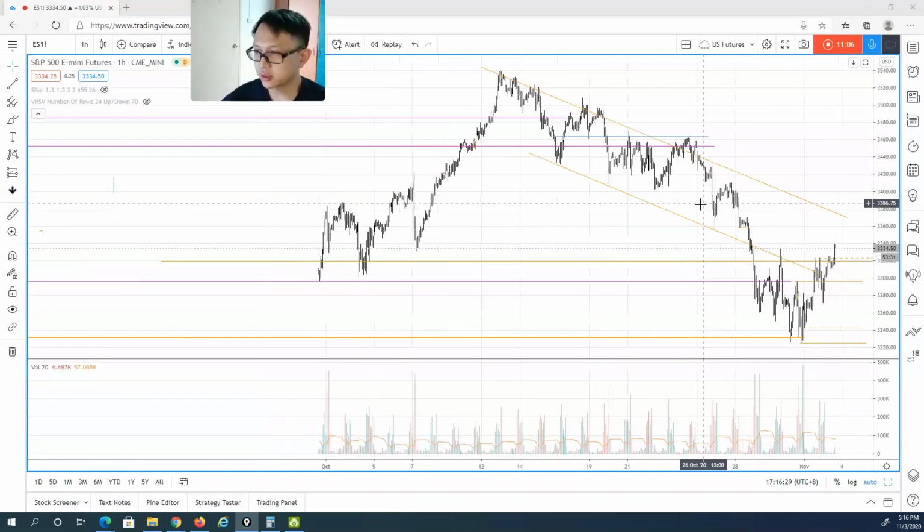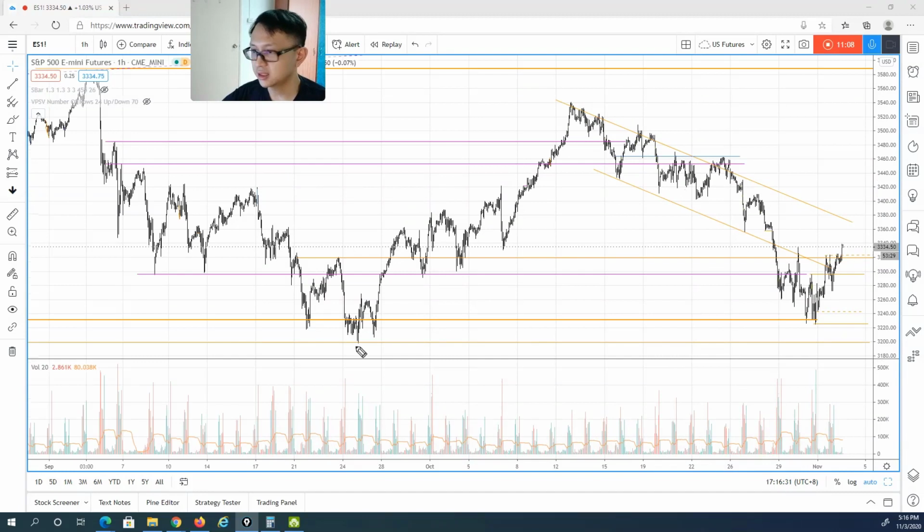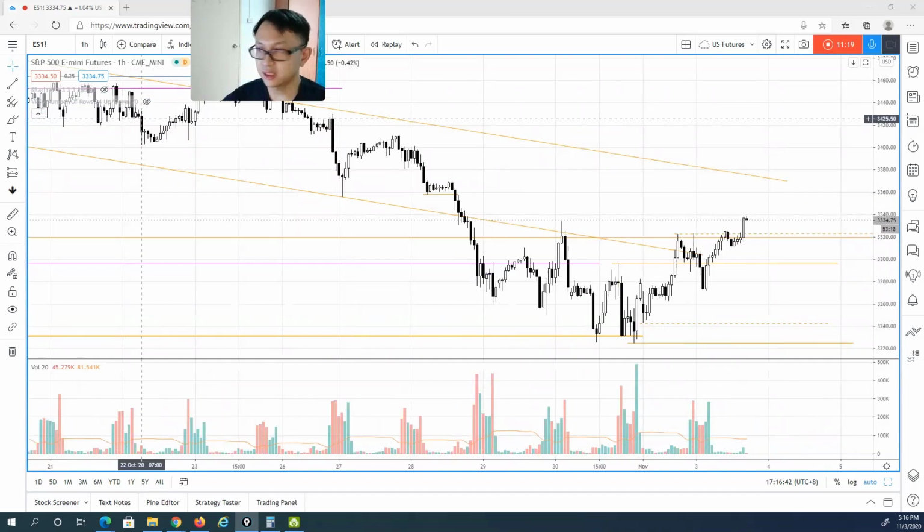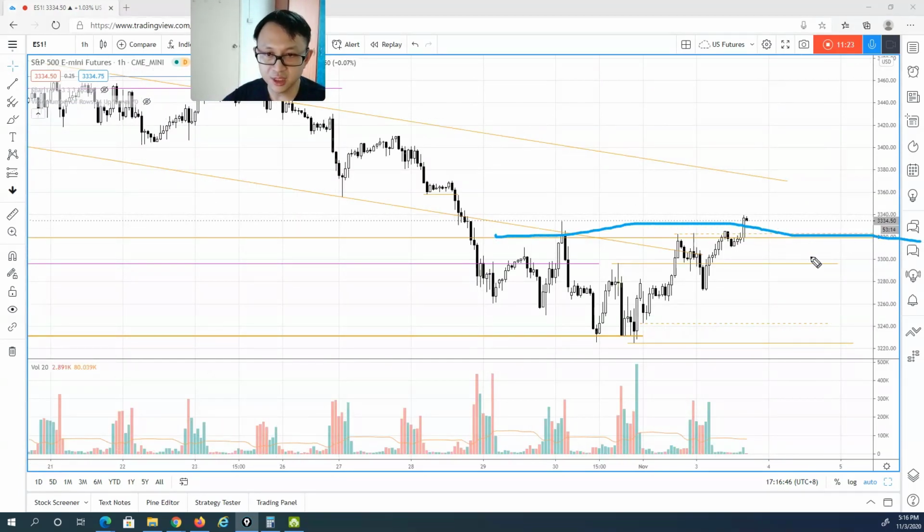Let me quickly zoom out, and you can see that's the previous swing low, roughly around the 32.00 level. So that's for the bearish case, and that's why I think it's very important for the market to commit above 33.20, and then we can see the continuation to the upside.